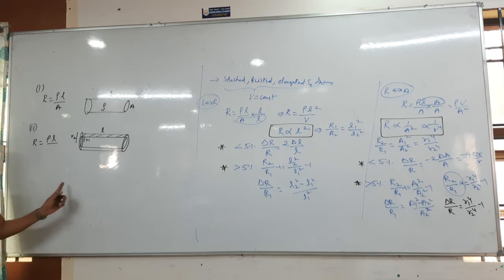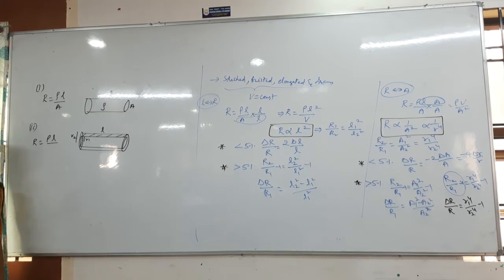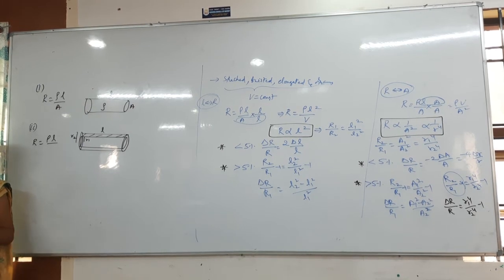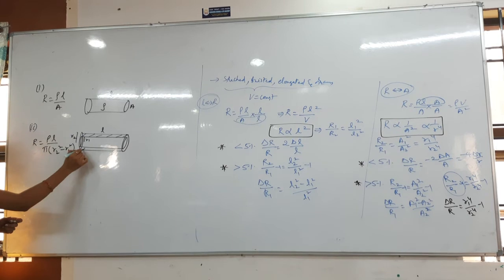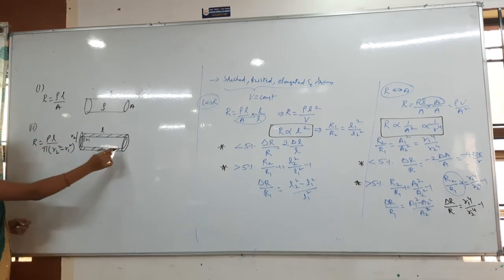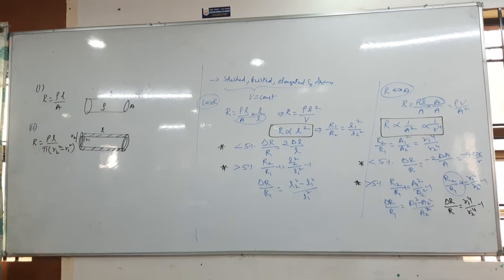Pi into R2 square minus R1 square. Anytime there will be concentric, one in the other, you always get the same thing. If that is about concentric spheres, 4 pi R2 square minus R1 square, we have already taken in the fluids chapter. So here also pi into R2 square minus R1 square, that is about the cylindrical wire which has an inner radius and outer radius.